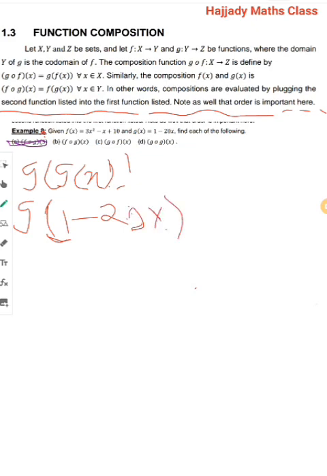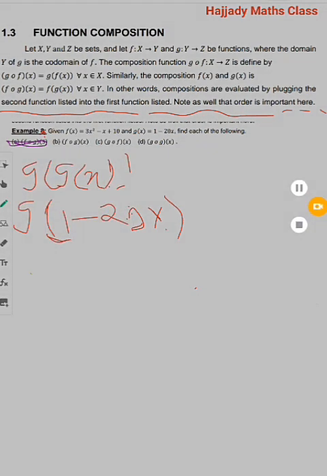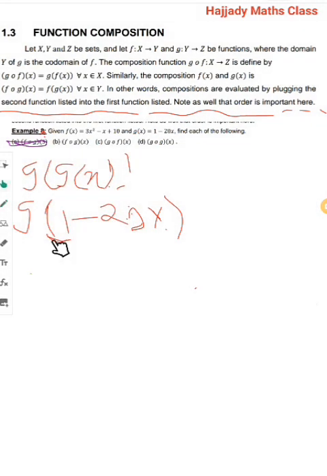So anywhere we are having x, we are replacing with 1 minus 20x. So coming back to this, instead of using x here, we replace with what? The function in it, which is 1 minus 20x.